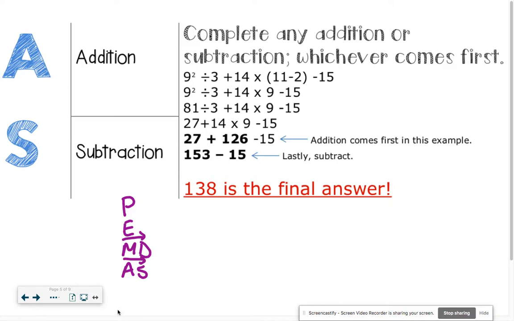The addition and subtraction follow the same rules that the multiplication and division follow. We complete them at the same time, but we move from left to right. So it completely depends on the order that they show up. If subtraction shows up first, then you would do subtraction first. If addition shows up first, then you would do addition.